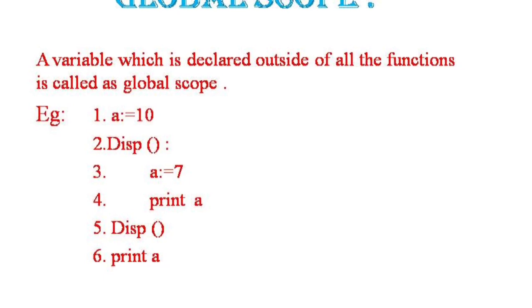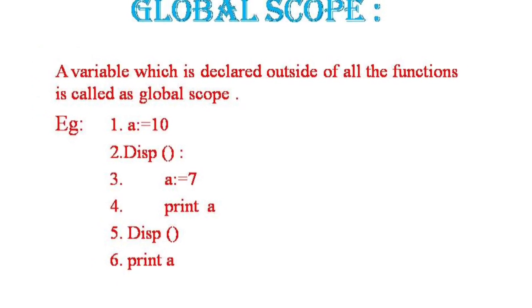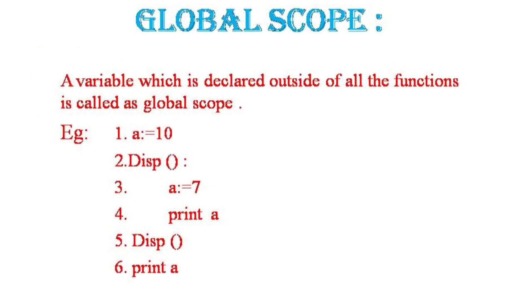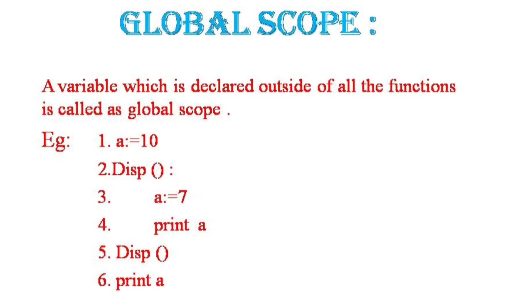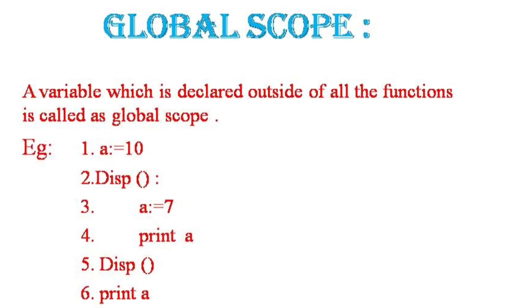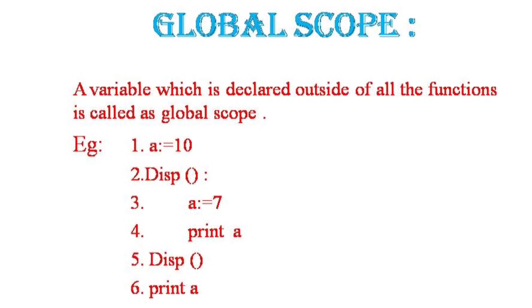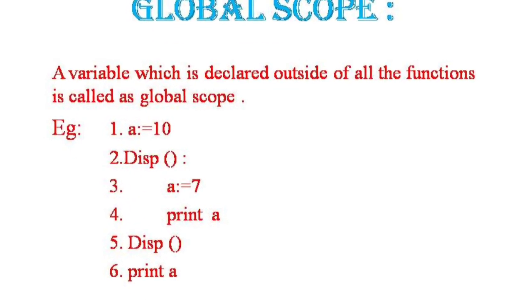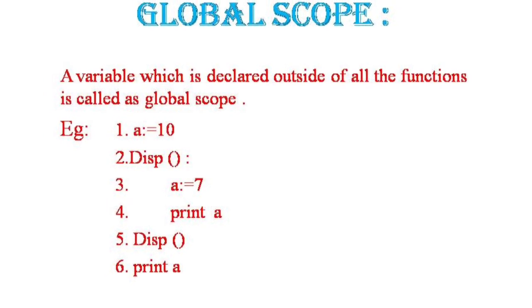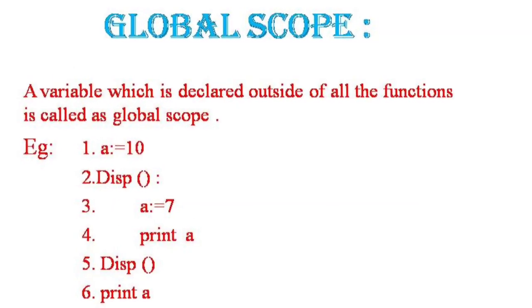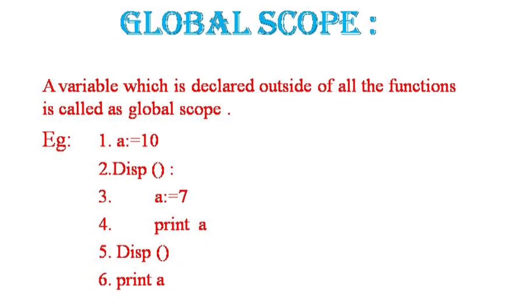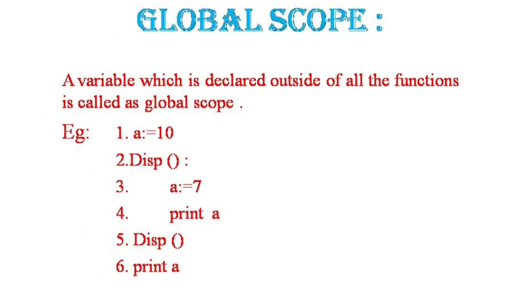Second one is the global scope. A variable which is declared outside of all the functions is global. Now, see this example, A is equal to 10. A is declared outside of all the functions, so it is global. Next, you have the disp function and A equal to 7 is assigned inside it.